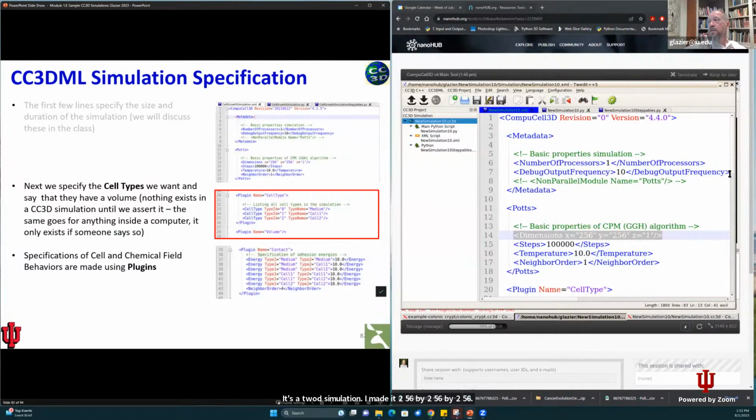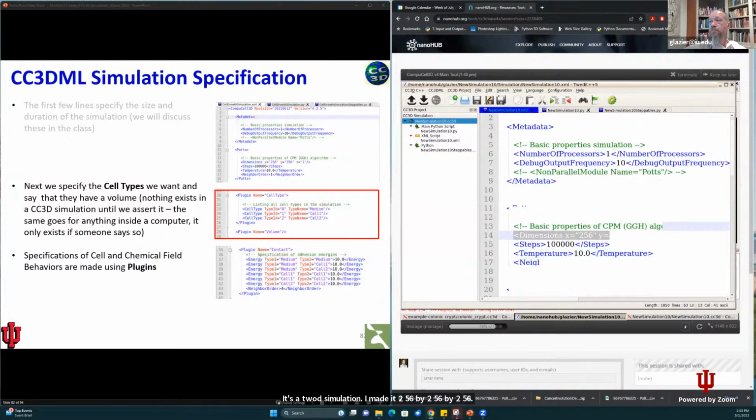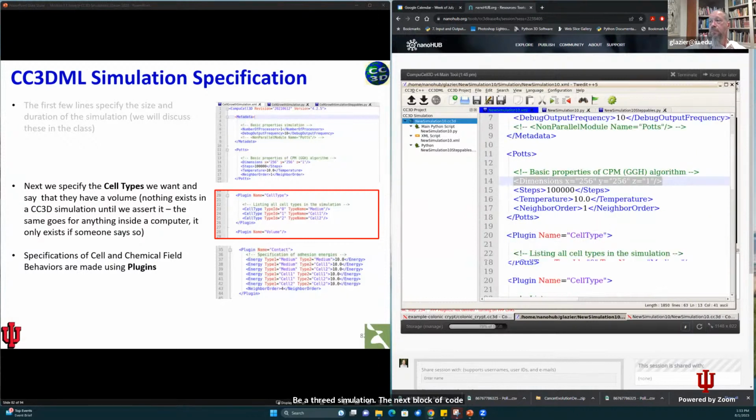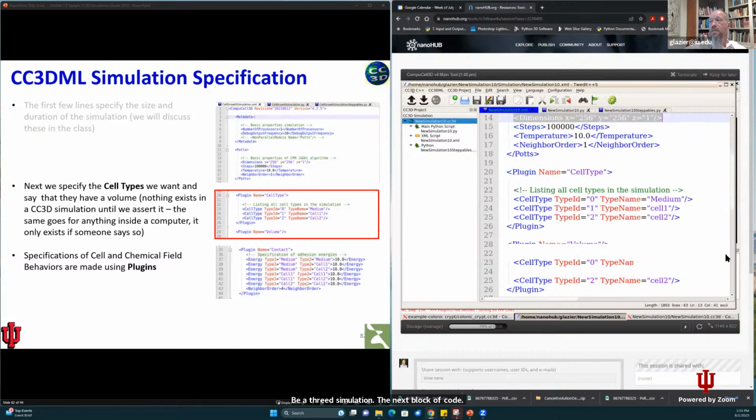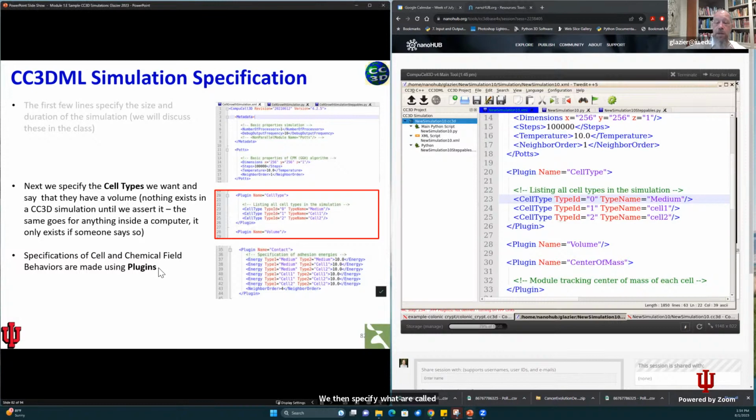The next block of code specifies the list of cell types in the simulation. We have 2 cell types, cell 1 and cell 2, and we always have something called medium that specifies what happens where I don't have a cell. We then specify what are called plugins, which specify those energy functionals that Julia talked about.